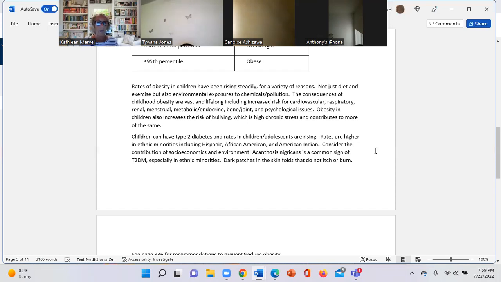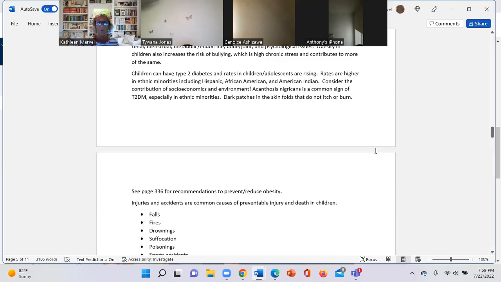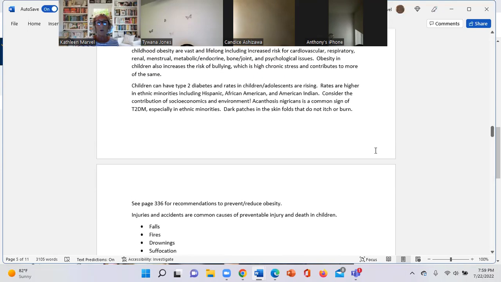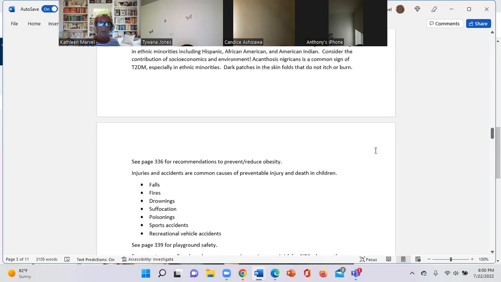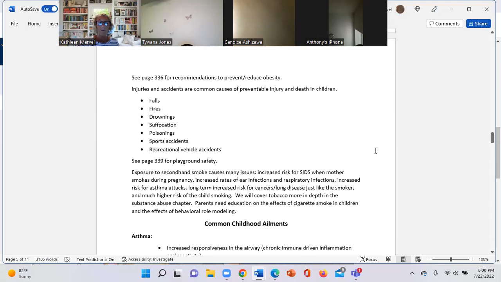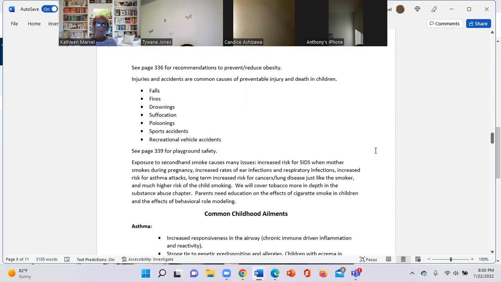Rates are much higher in ethnic minorities, including Hispanic, African American, and American Indian populations. And there are dark patches in the skin folds that do not itch or burn. That's the acanthosis.